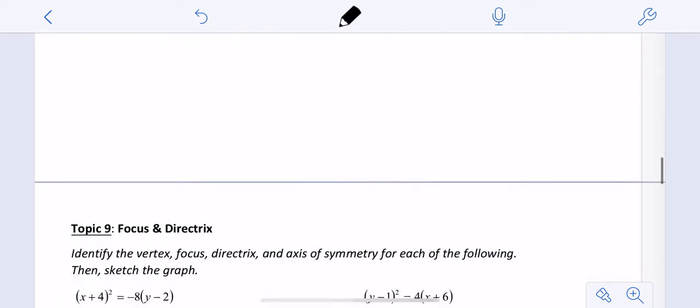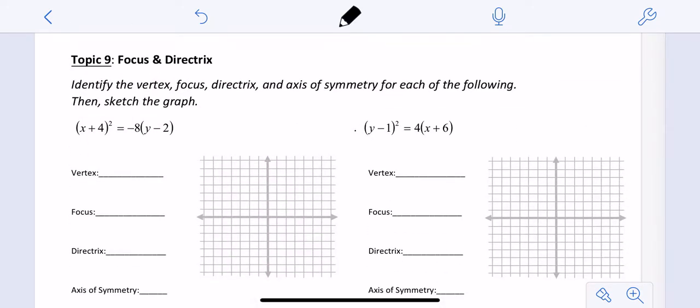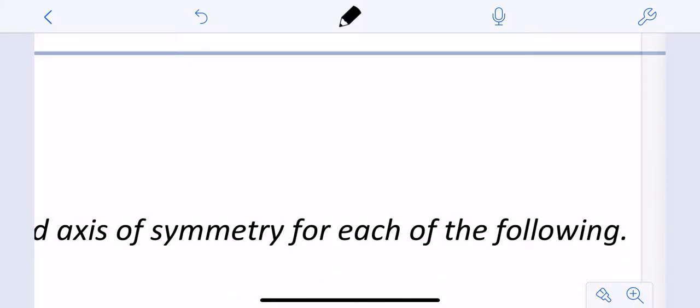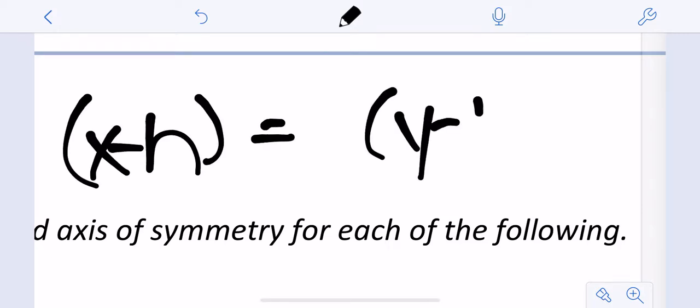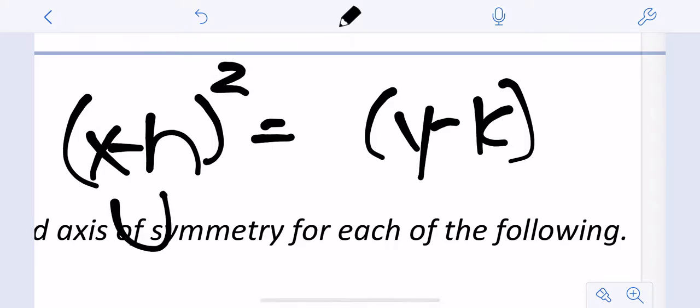All right, and then the last topic we talked about was focus and directrix. We're going to hit these really quickly. The big thing I want you to remember with focus and directrix is the general formula. If you have x minus h, y minus k, that's your general basic start. hk is your vertex. If you have x squared, that means it will open up or down.